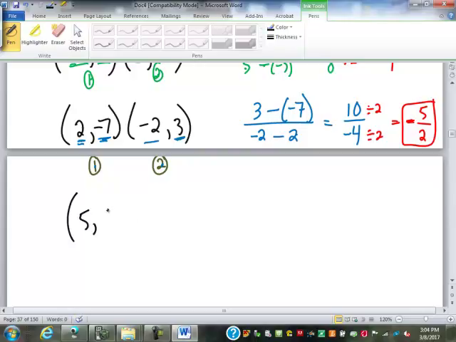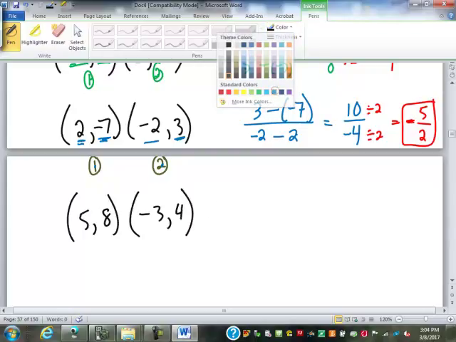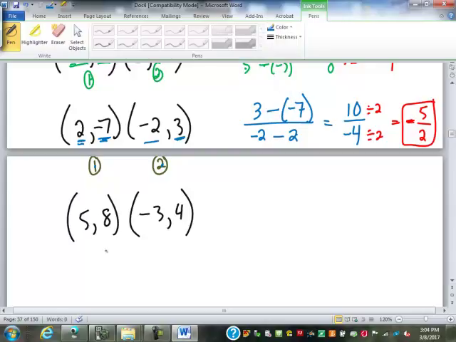Let's say we're going from (5, 8) to (-3, 4). Again, we'll call them points 1 and 2. What's going to go first here on top?